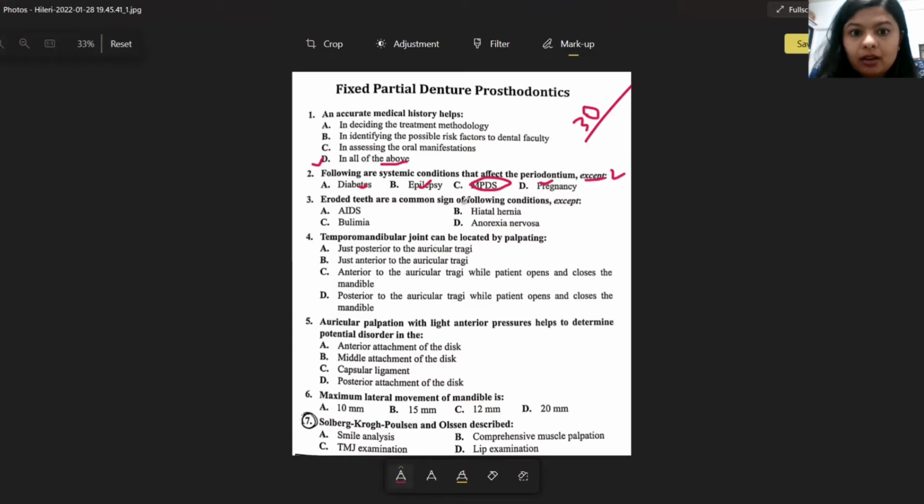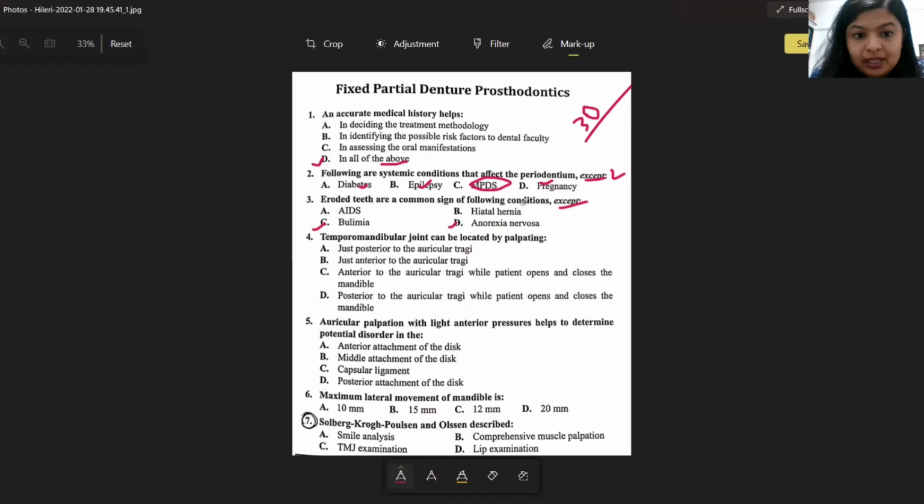Eroded teeth are a common sign of the following conditions except. Again, in which conditions do we see eroded teeth? Bulimia. I know for sure that eroded teeth are seen in bulimia, and even in anorexia nervosa. Now I'm not sure about AIDS and hiatal hernia, because patients with hiatal hernia don't usually come with eroded teeth.